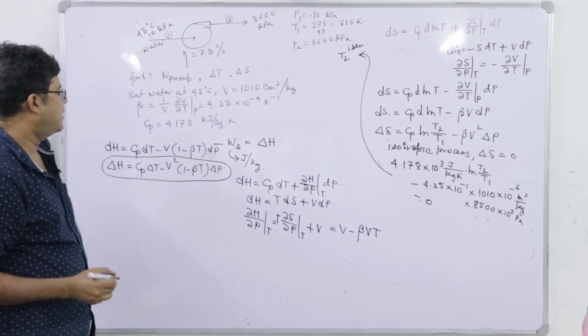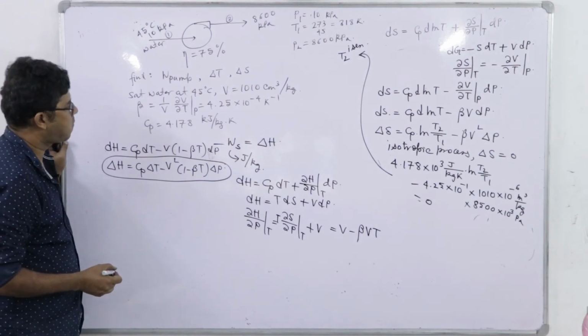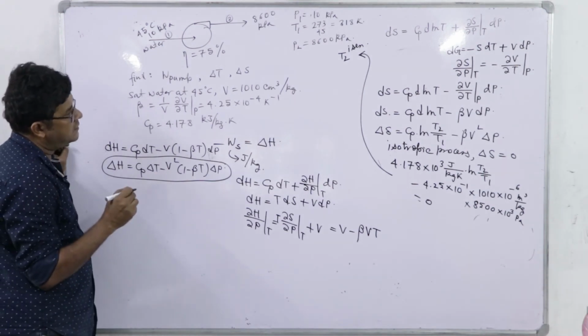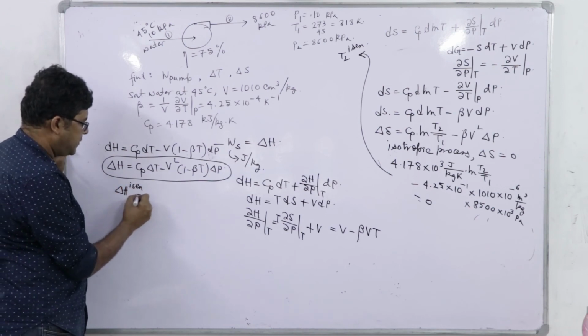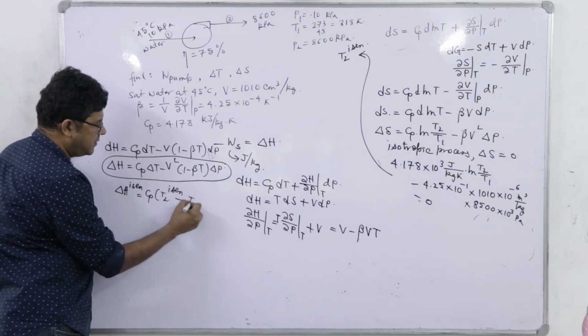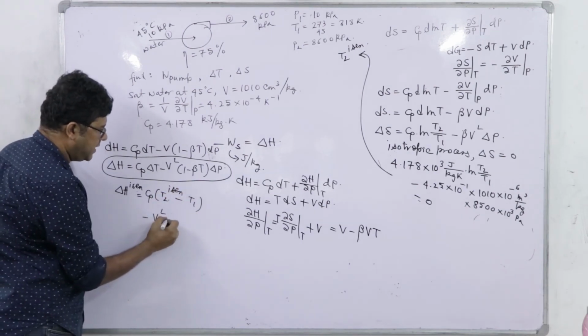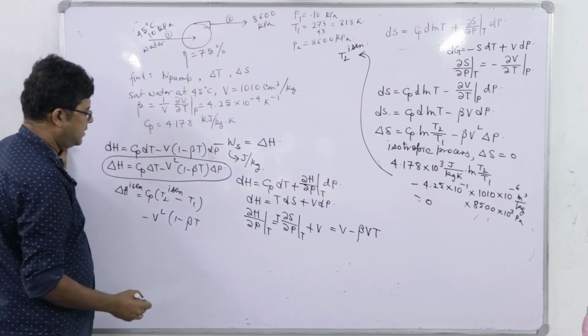Correct. So once you see, we get this T2 isentropic. So delta H isentropic is equal to Cp (T2 isentropic minus T1) minus V L beta into T into this delta P. I am not going for exact calculation.